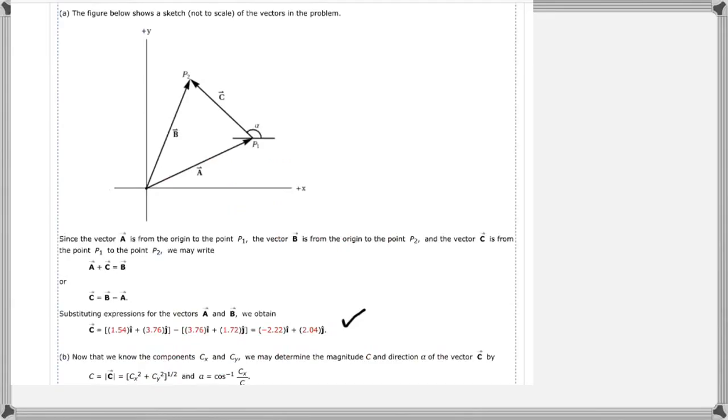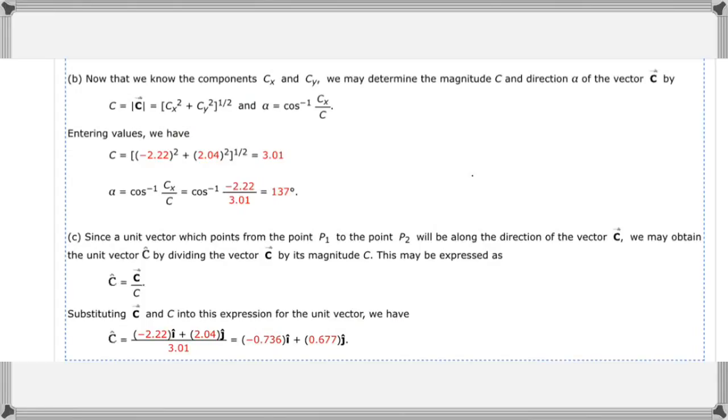So I need to go back and tell you that the x component is going to be this way, right? So that's why it's negative. And so the negative of the x component divided by C will give you the angle, which is 137 degrees.